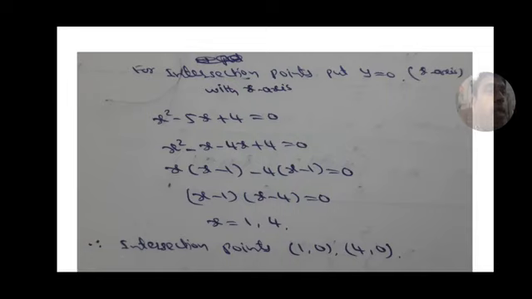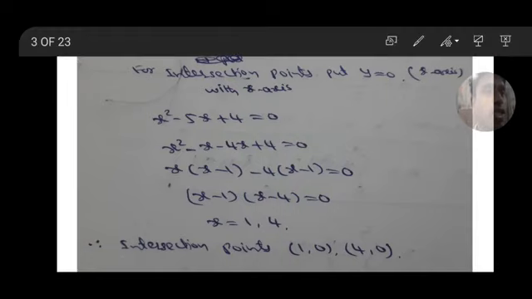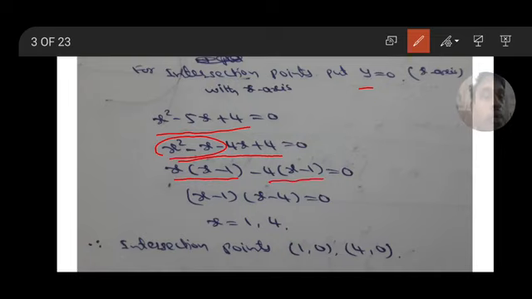Substituting for the intersection points with the x-axis means y equals 0, so we get x square minus 5x plus 4 equals 0. By factorization, 5x can be written as x square minus x minus 4x plus 4. X is common in the first two terms, we get x of x minus 1, minus 4 is common, x minus 1, equal to 0.